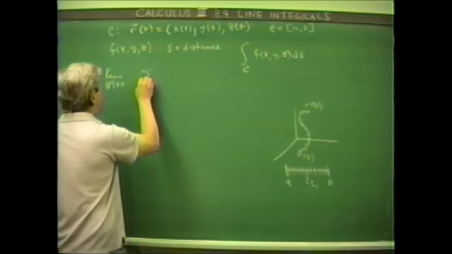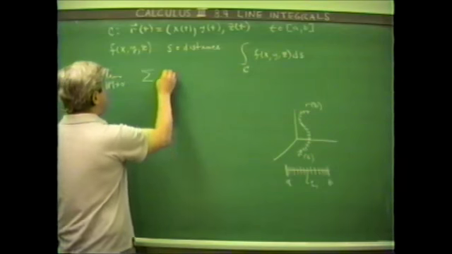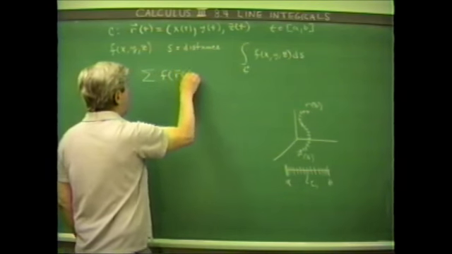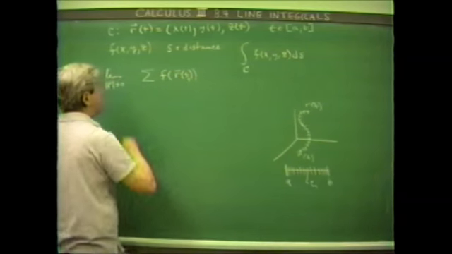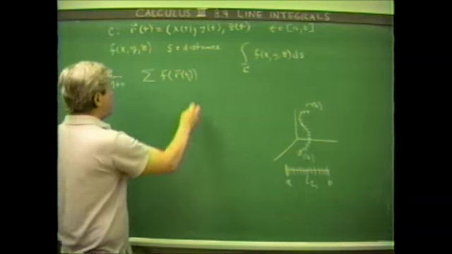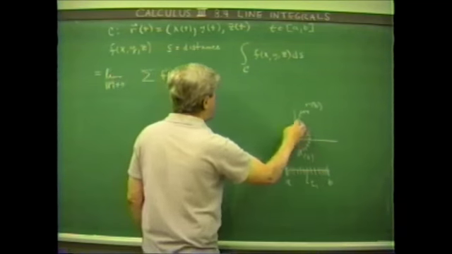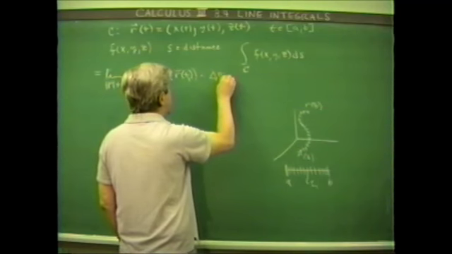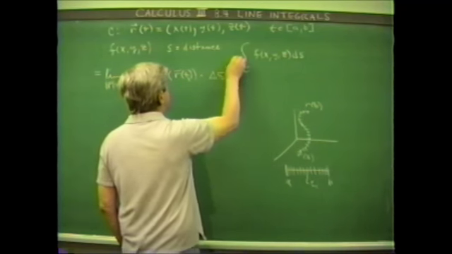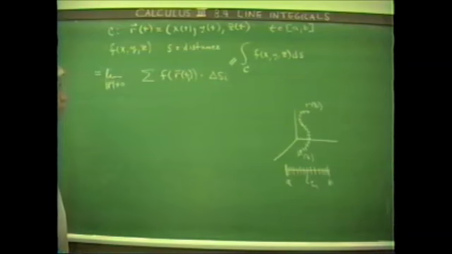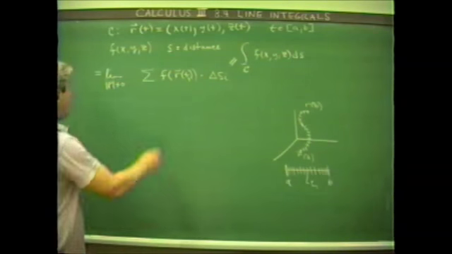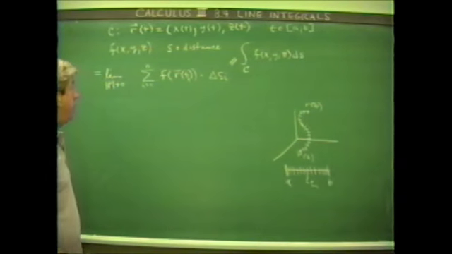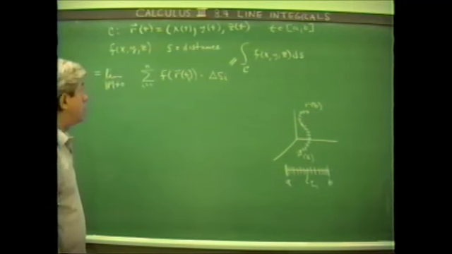We want to take the sum of f of the value r at ti. Right? We want to multiply that by the length of the curve here, which is going to be delta si. In short, this is going to be the definition of the path integral. We take this sum, i equals 1 through n, and the limit as the norm of the partition goes to 0. And this is going to be the path integral.